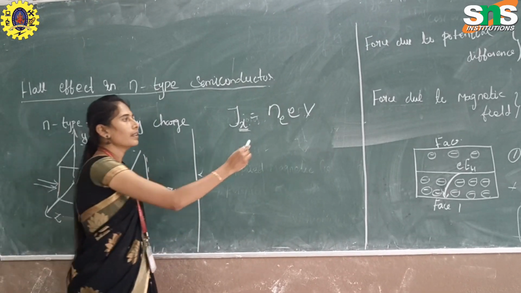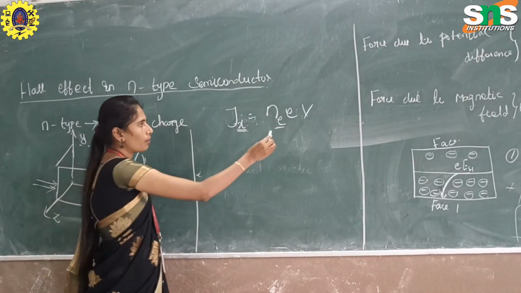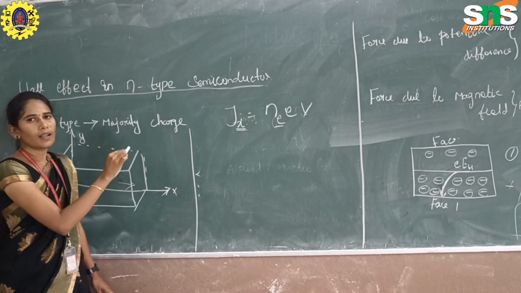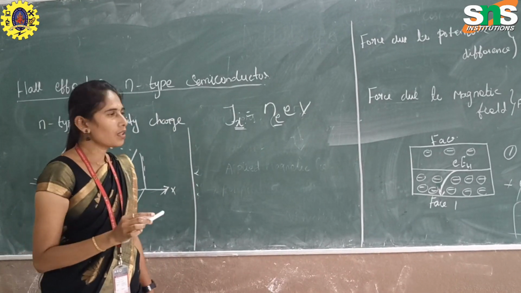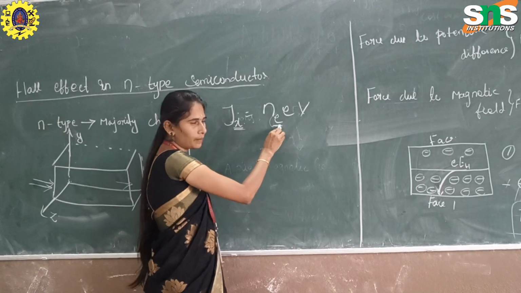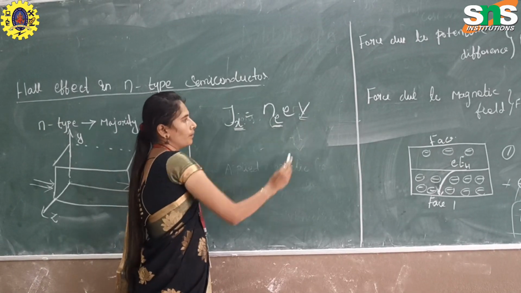In the case of an n-type semiconductor, the majority charge carrier is the electron, so e denotes the electron charge.